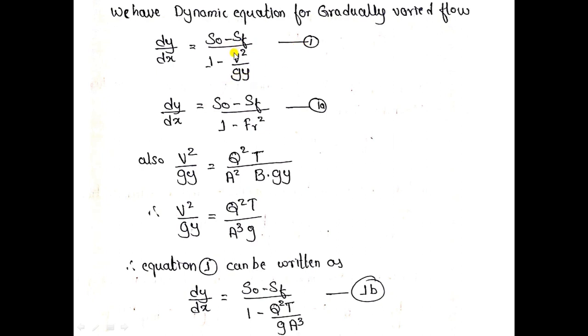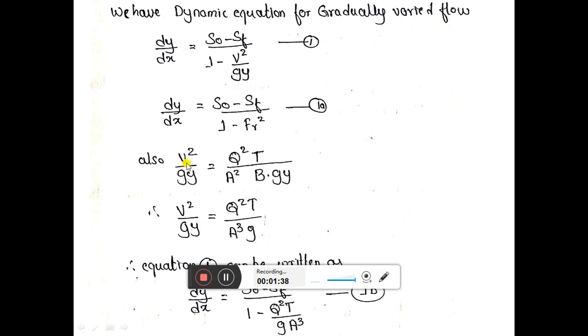Now, the denominator V²/gy, we can replace it by Fr², since Froude's number Fr is equal to V divided by the square root of gy. Also, V²/gy is equal to Q²/A² into T/B into 1/gy.